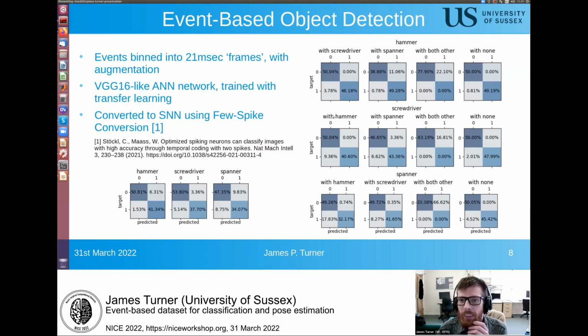On the right, we have the confusion matrices for each prop, and also with or without each other prop. On the y-axis, we have the target label, whether the prop is there or not. And on the x-axis, we have whether the model predicts that it's there or not.